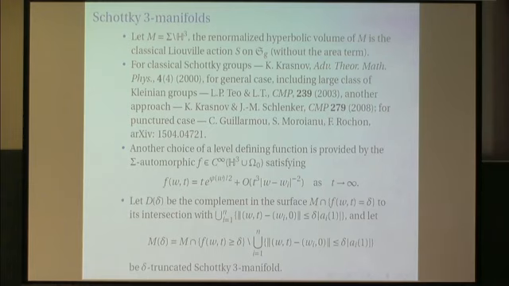And once you do it, you get another truncation of the Schottky three-manifold. So this will be the usual one, and this is the extra piece you remove. What's important here is that this combination, delta times the first Fourier coefficient, is covariant, because if you change your point w_i by another point in the orbit, then delta scales in one way and the Fourier coefficient scales in the opposite way.